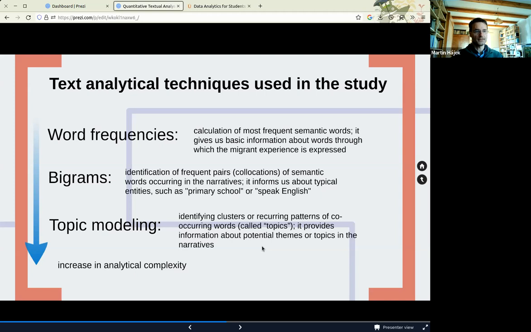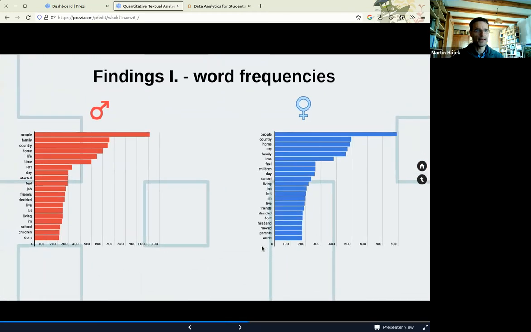Well, I implemented these 3 techniques, and next we can move to findings. As I said, exploratory analysis is somehow easier in collecting data because there is not so much demand for quality of data.